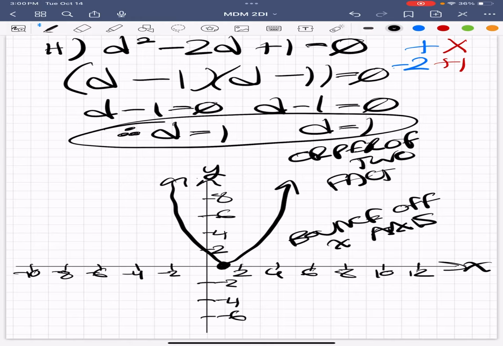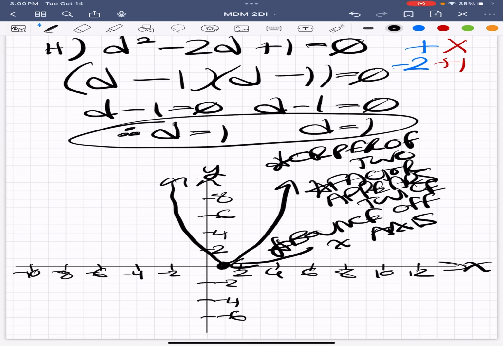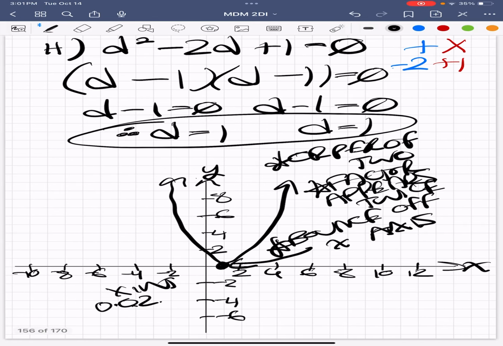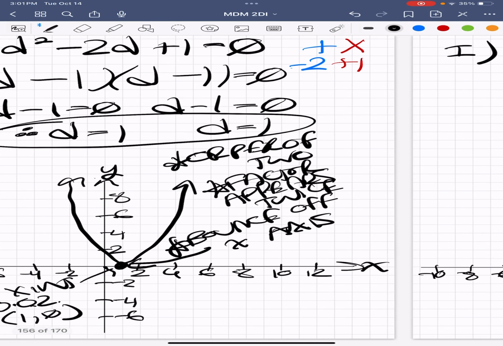A factor appears twice. The x-intercept labeled there. Alright, moving on.